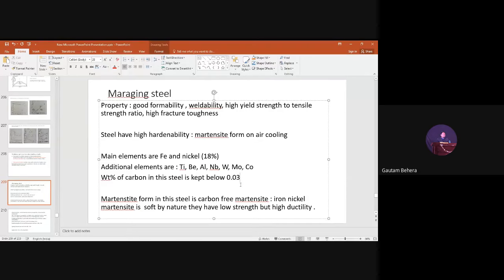Okay, how many of you remember what happened to the strength of martensite if we increase the weight percentage of carbon in steel?